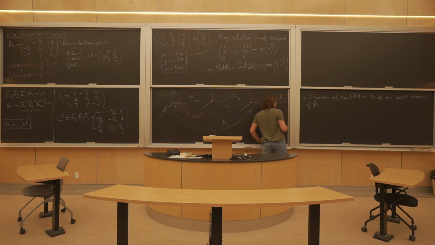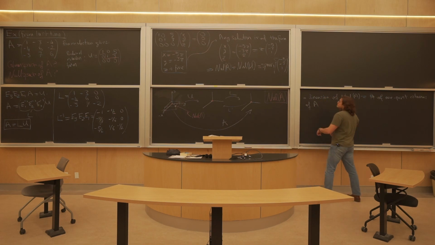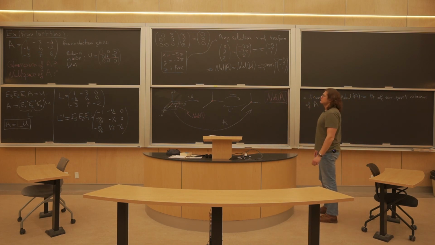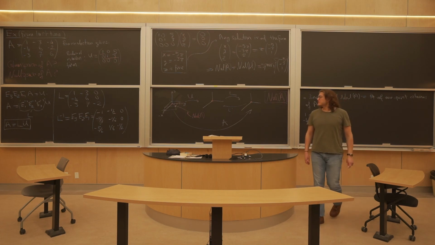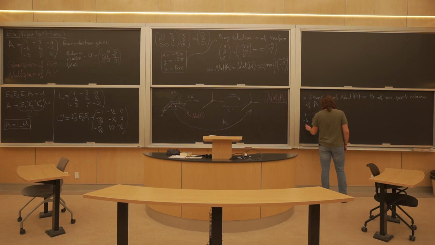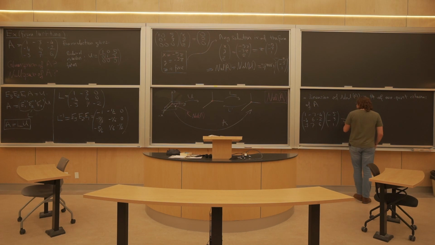So for instance, if I were to take this vector and apply A to it: 1, minus 3, minus 4; minus 4, 6, minus 2; and then minus 3, 7, 6. I want this to end up at 0, 0, 0.